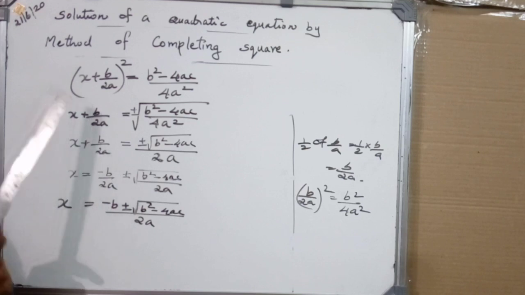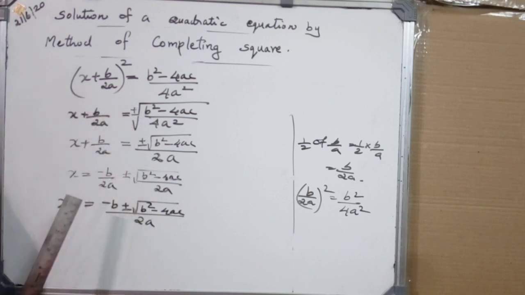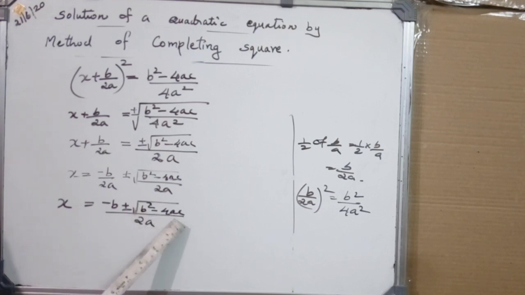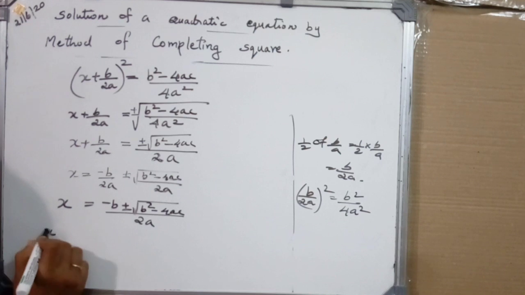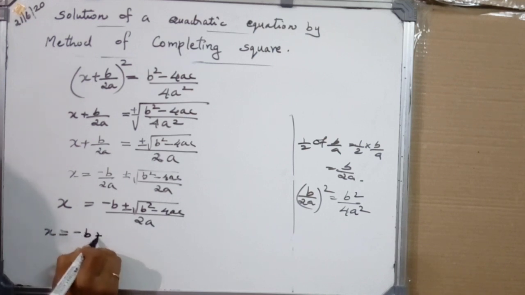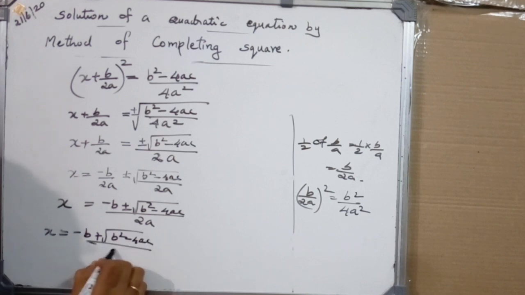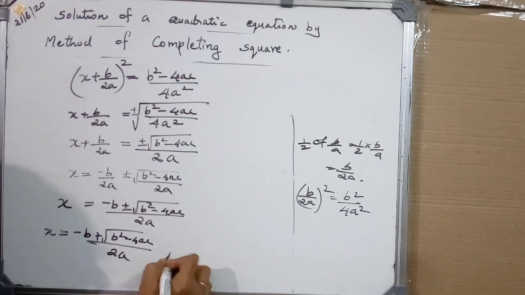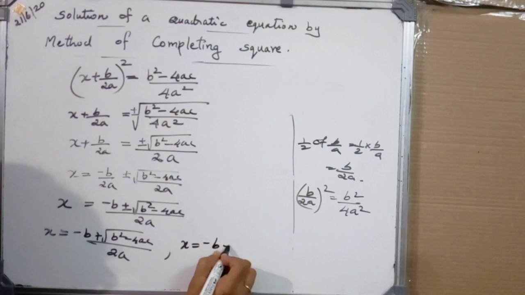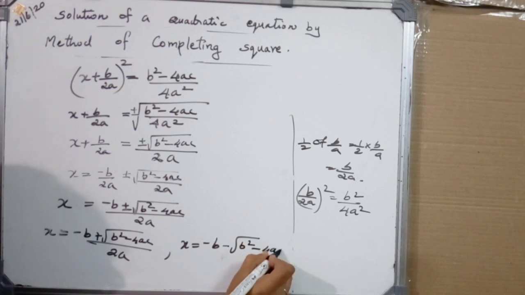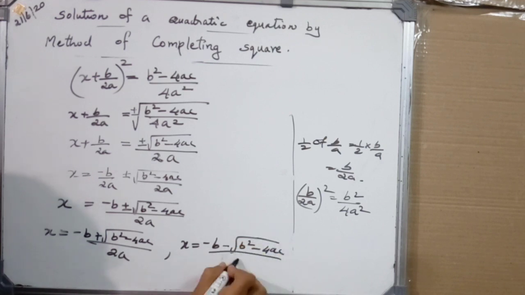After rewriting that, we get x equal to minus b plus or minus root of b square minus 4ac by 2a. So the roots are x equal to minus b plus root b square minus 4ac by 2a, and x equal to minus b minus root b square minus 4ac by 2a.